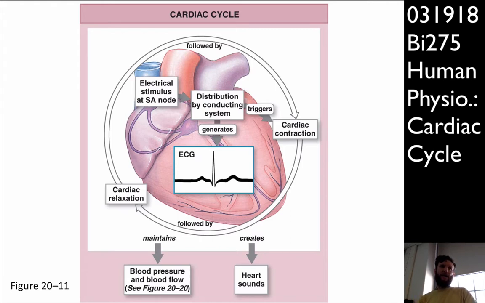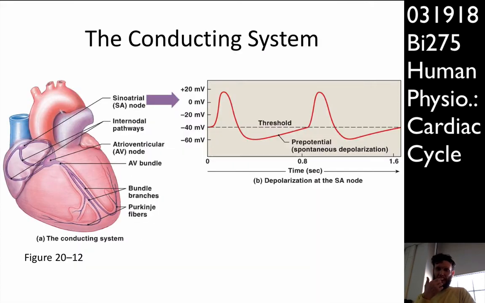That's just looking at electrical fields that are generated by the heart in the conduction system. The cardiac contraction is what gives us our heart sounds, and it's what maintains our blood pressure and blood flow, of course. And then eventually the heart relaxes, and we reset for another cycle of contraction. Okay, so that's an overview. Let's get into it a little bit.